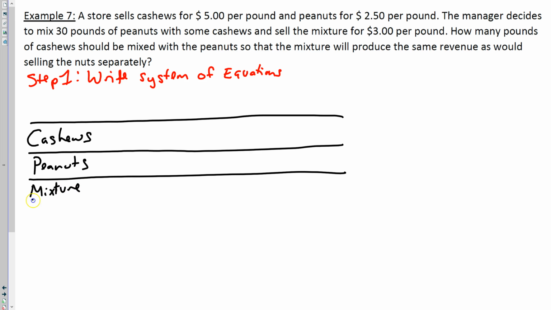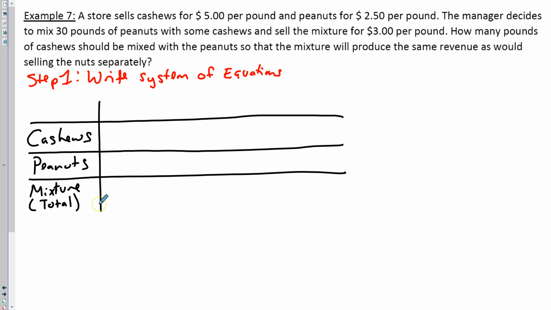And the mixture is also, in other instances, thought of as the total, right? You're combining these cashews and peanuts to create this new total mixture as an end result. So we have the different categories, which is a hint that we need a table.